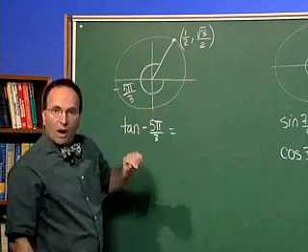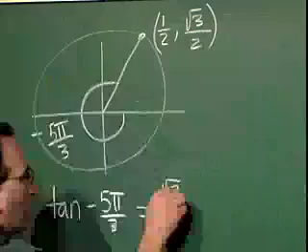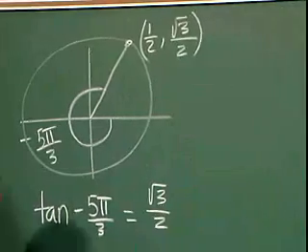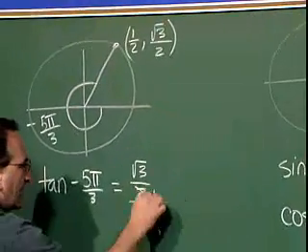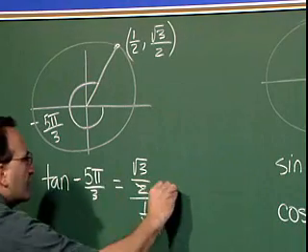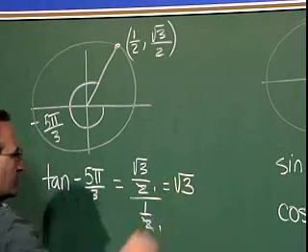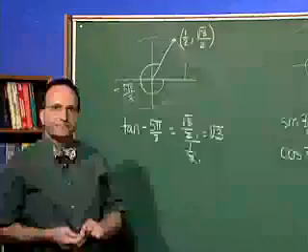So I will take the y value, square root of 3 over 2, divide that by the x value, 1/2. I can cancel out my 2's, and of course it all equals the square root of 3.